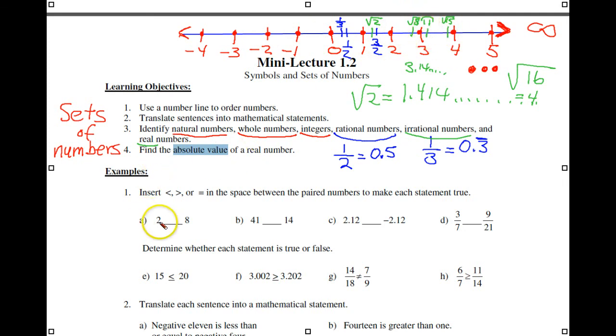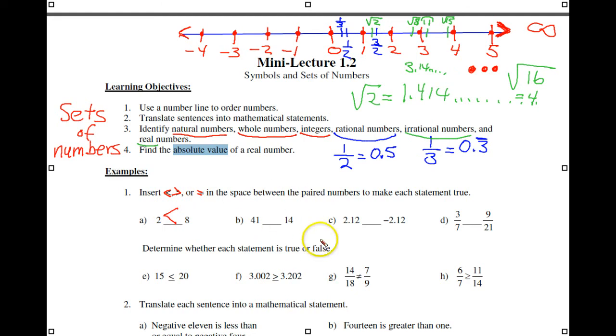So, when we see, and let's just go over these, this is the less than, this is the greater than, and of course this is equal. Okay? We want to place these symbols into our examples. So 2 is there, 8 is way over there, so 2 is less than 8.